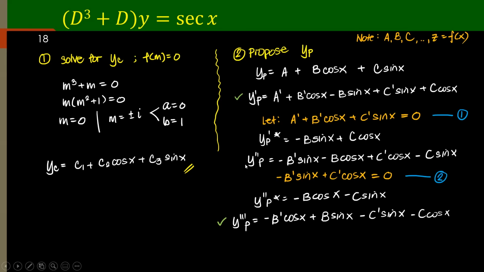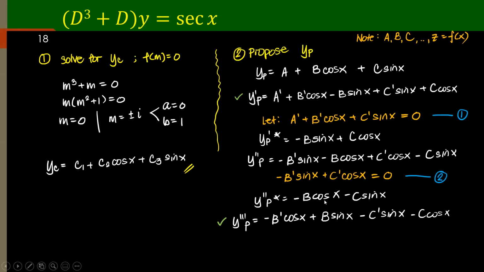Okay, now that I have this, I know that I cannot stop at y double prime because I need a y triple prime based from the question. So that means, again, set those primes to 0. Let's call this equation number 2. Now, the simplified form of y double prime is this one.